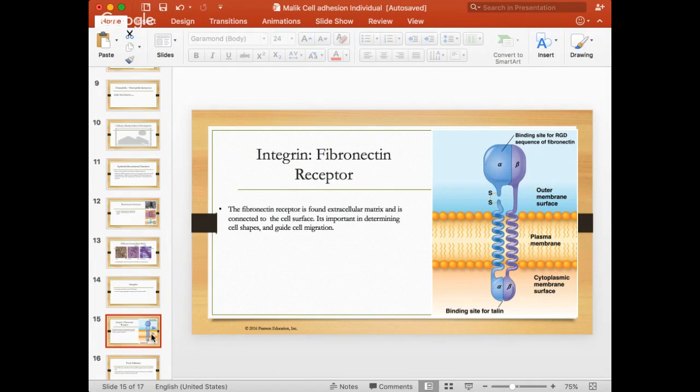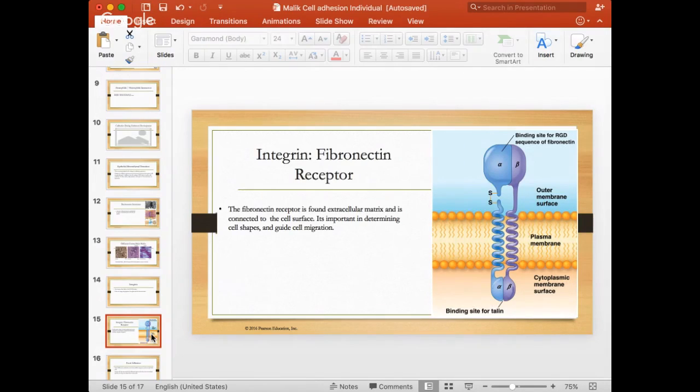The fibronectin receptor is found in the extracellular matrix and is connected to the cell surface. It's important in determining cell shape and cell migration.